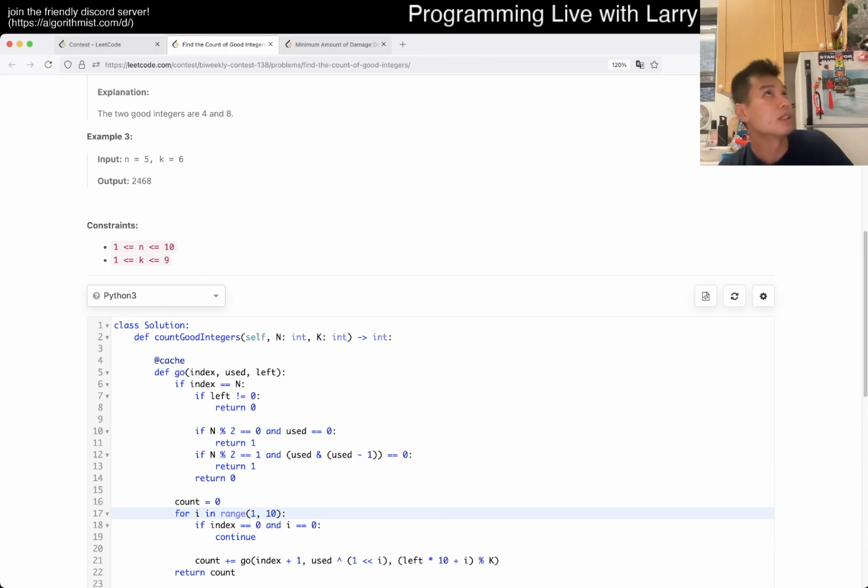So what is it about it that if half the number is 0, then you're forced to put it in the front? If half the number is 0, we'll put one number in the front or more.